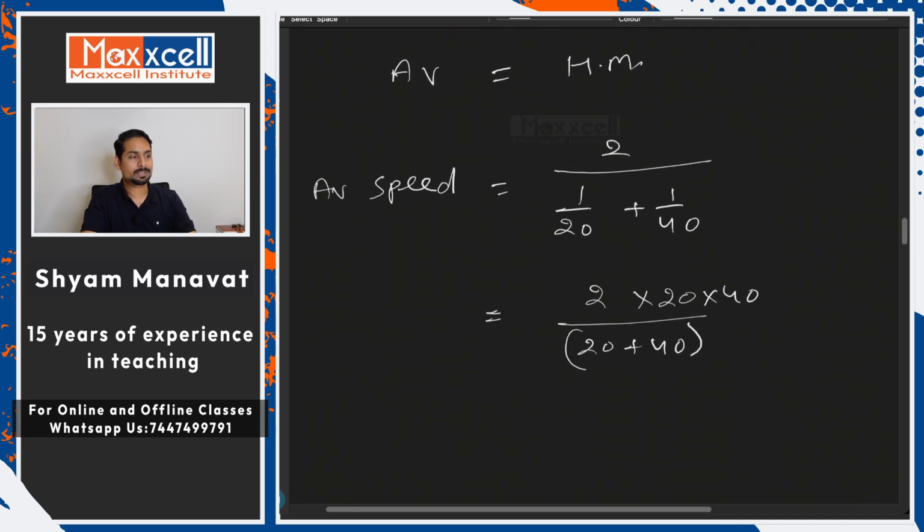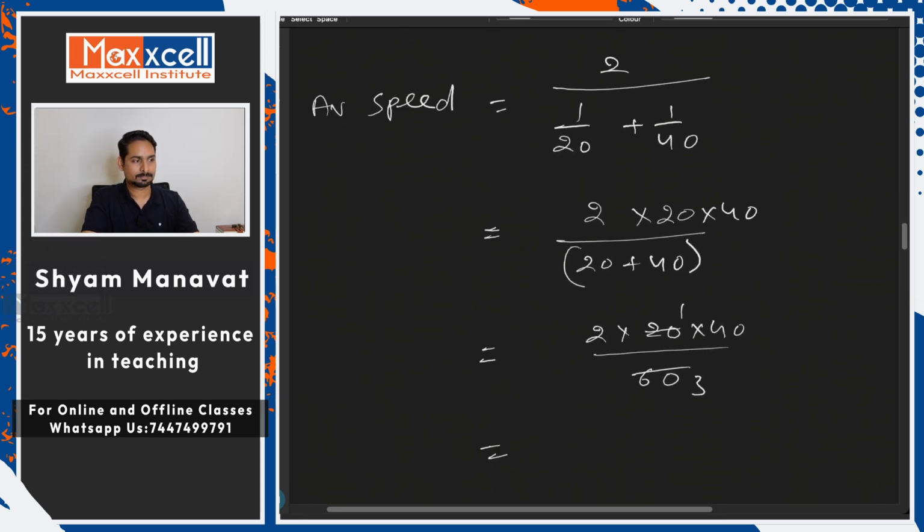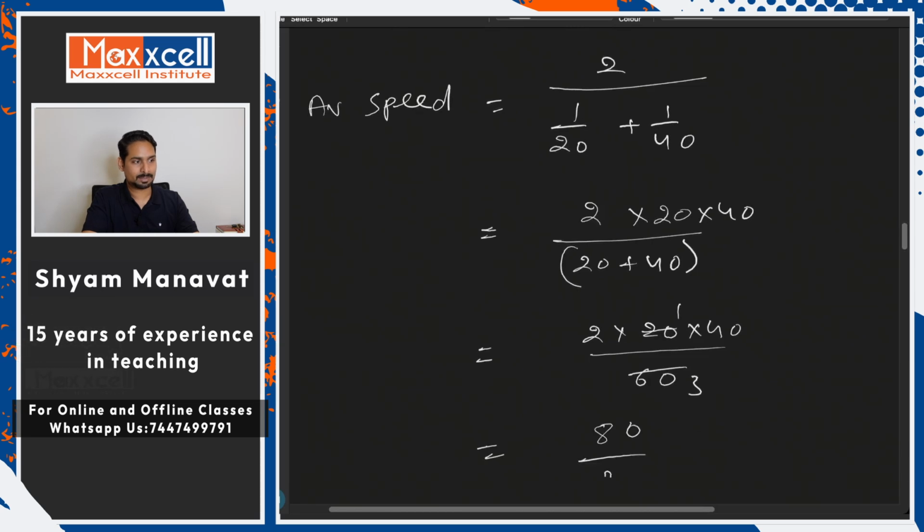It's 2 into 20 into 40 by 20 plus 40. Simplified, that is 80 by 3, which is 26.66 kilometers per hour.